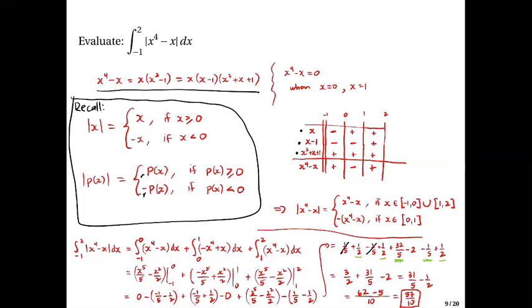Phew. Okay. So again, this is absolute value here. You just don't evaluate it.